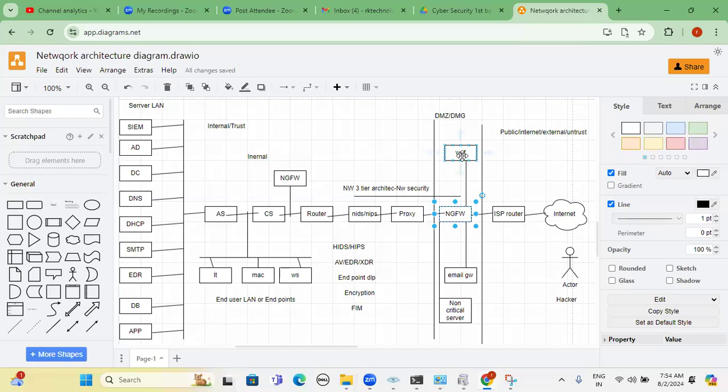Web application firewall will prevent and block all OWASP Top 10 categories of attacks. Especially on the application side, we have a couple of attacks like SQL injection, cross-site scripting, broken authentication, broken access control, insecure design, CSRF attack, SSRF attack, man in the middle attack, session hijacking.